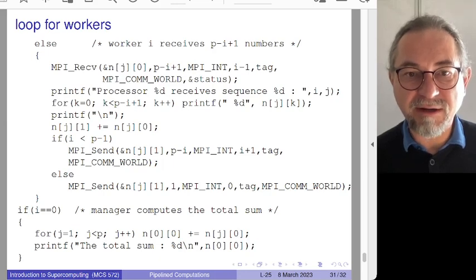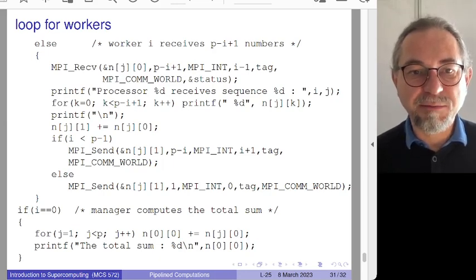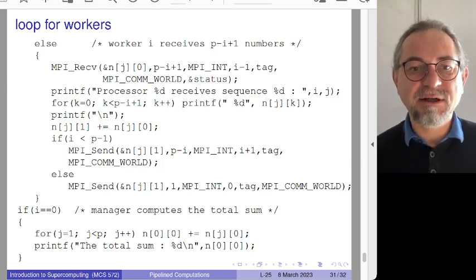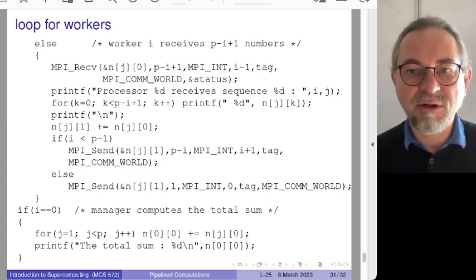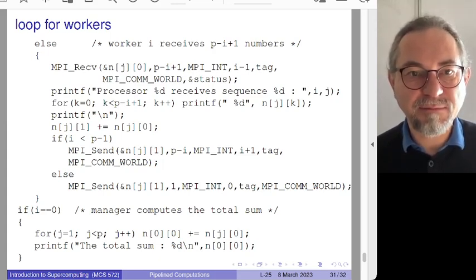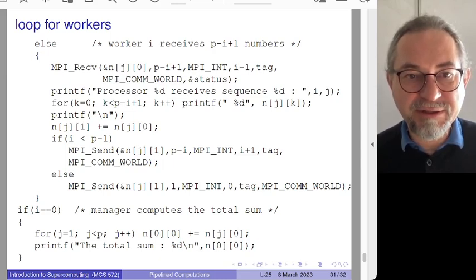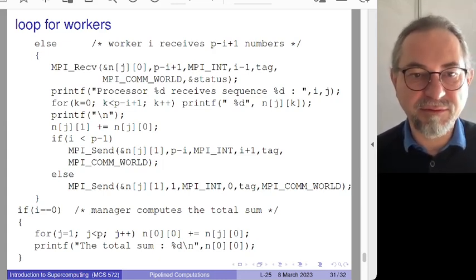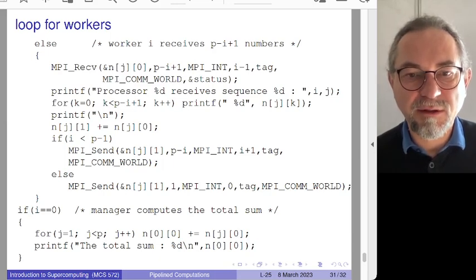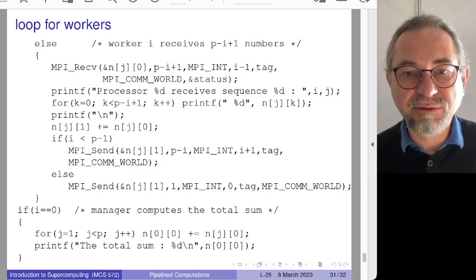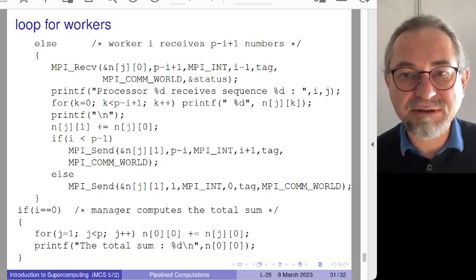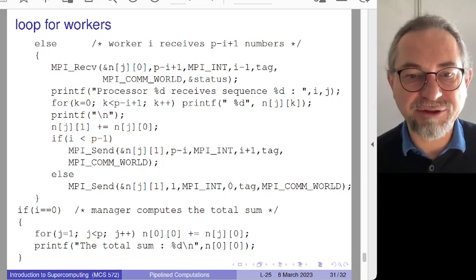So the data movement is quite extensive, but the arithmetical intensity stays low: every processor does only one operation on the data. So on the sequence, it adds the first with the second. In the pipeline topology we send to the next processor, except the last processor sends back to the manager.